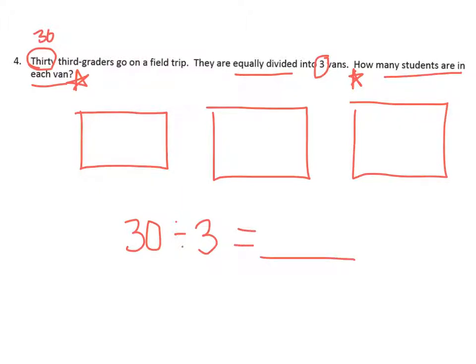So if you know your multiplication facts, 3 times something is going to give me 30.